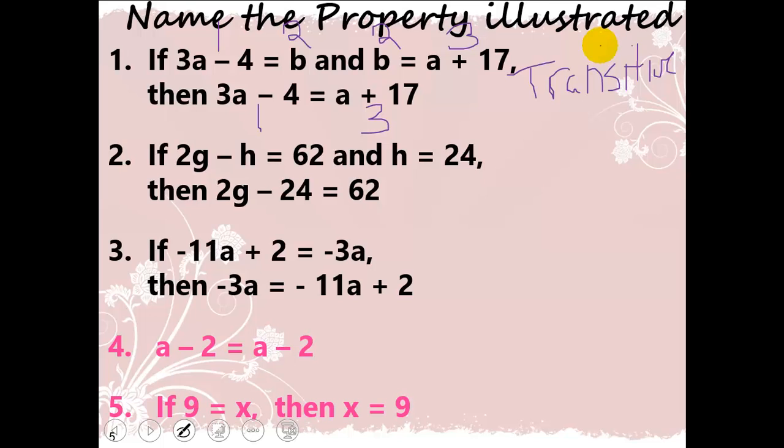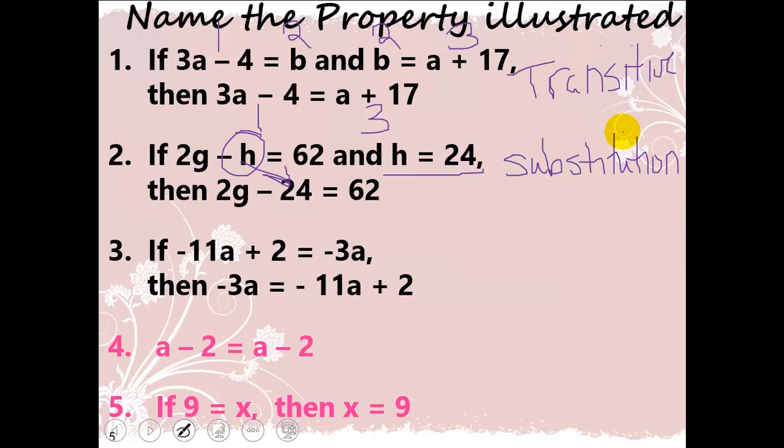If number 2, if 2g minus h equals 62 and h equals 24, then 2g minus 24 equals 62. I've taken out the h and replaced it with 24. Replacement, that's the substitution property.